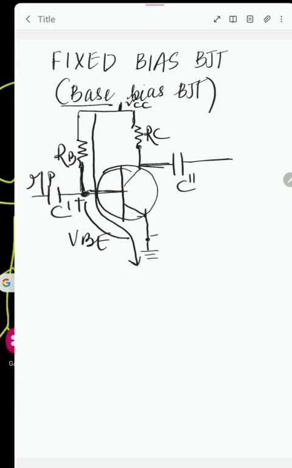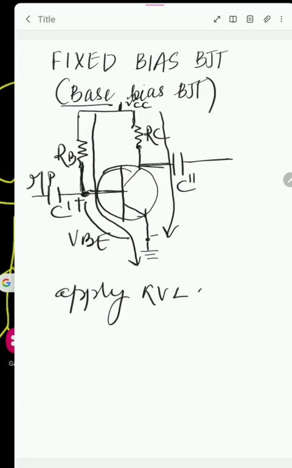Then how will the output current be observed? In the same way, we apply Kirchhoff's voltage law in the output loop. This one is your output loop. Here we can apply KVL in the output loop.